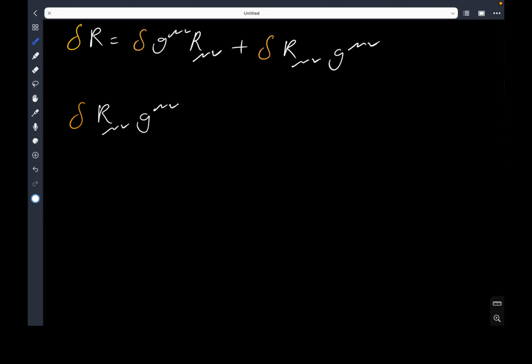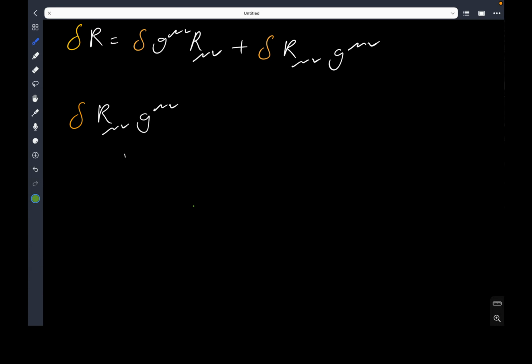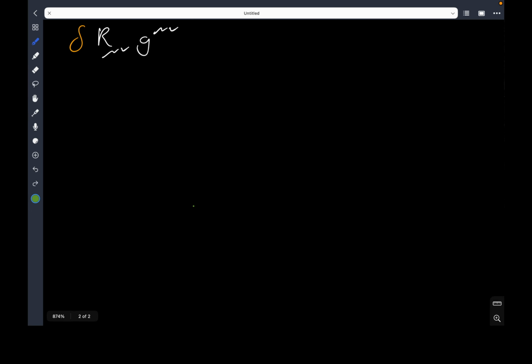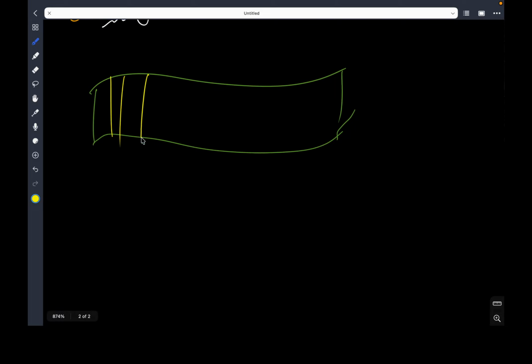So before we go, let me remind you of our ansatz here, our assumptions, that we have a space-time like this. It's a tissue of space-time, and it is curved.